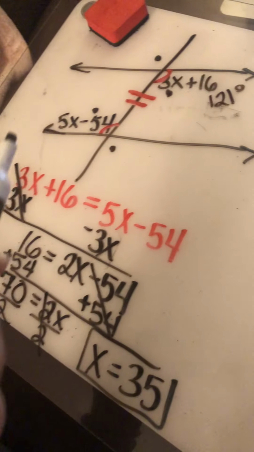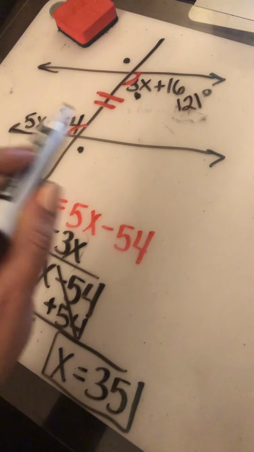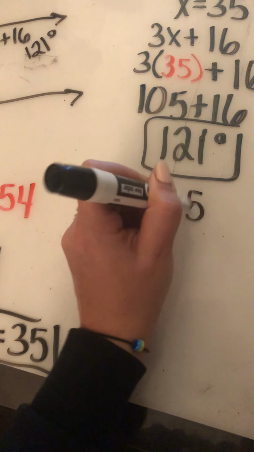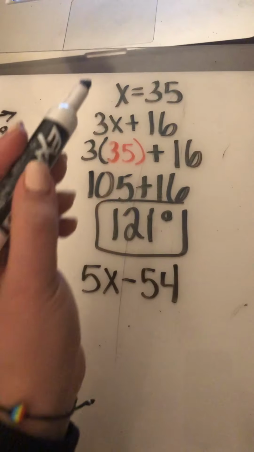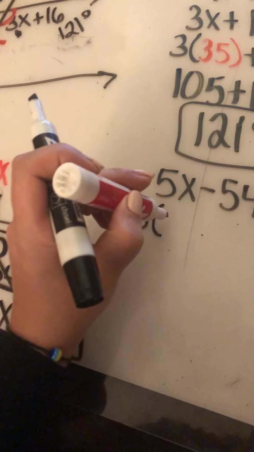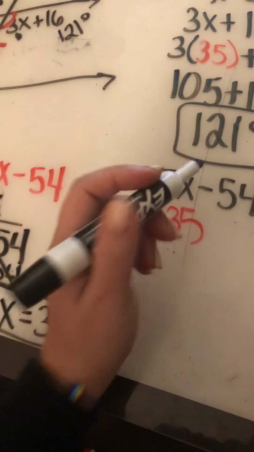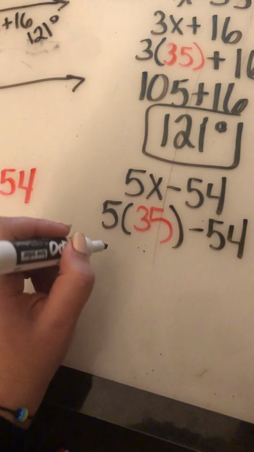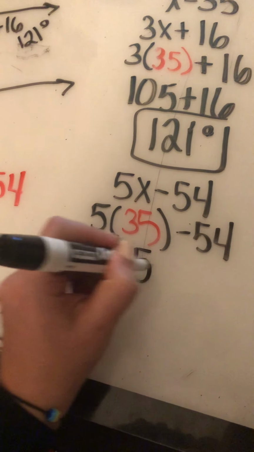I then go to my next angle. That's going to be the third question for this one, and solve for that one. So it's 5x minus 54. Again, x was equal to 35, so we plug that in. Okay, 5 times 35 is 175.